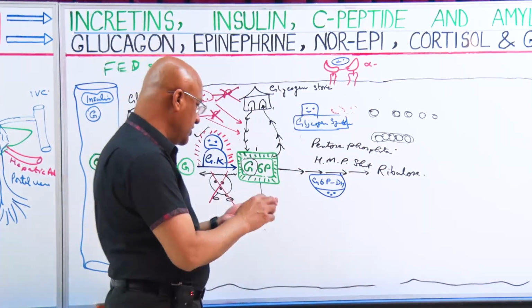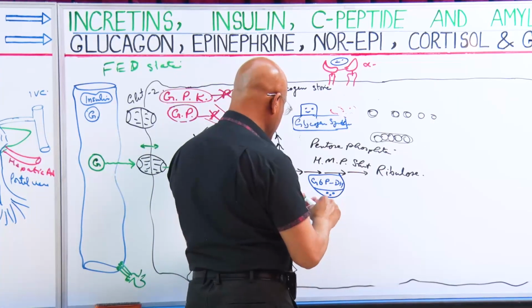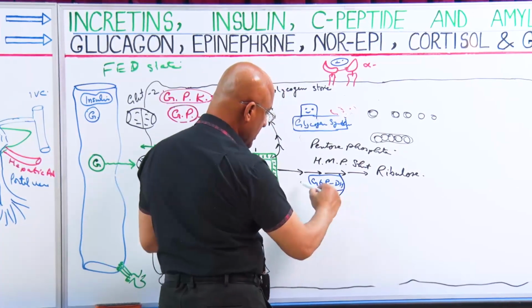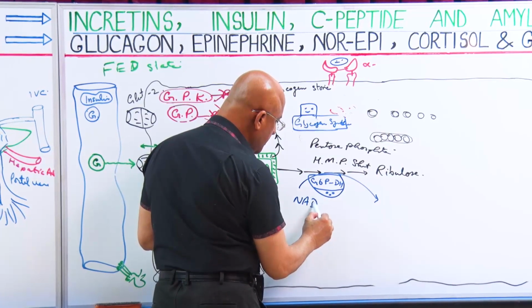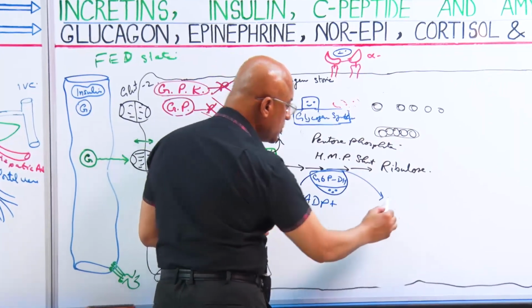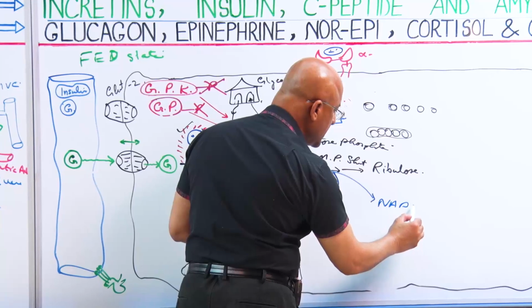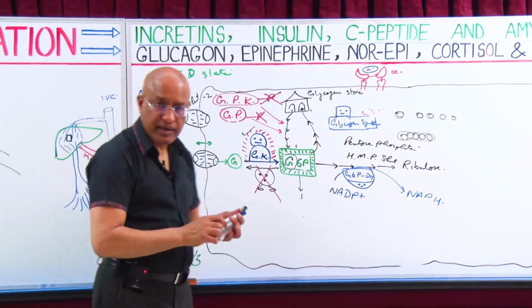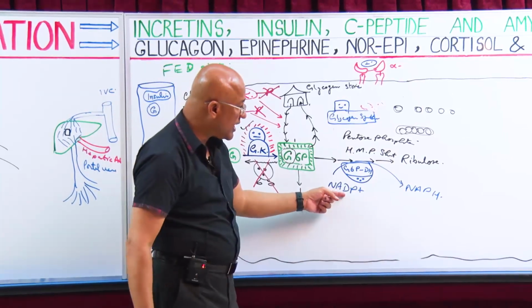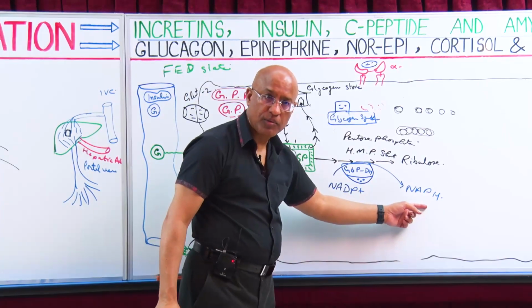What is the advantage of this pathway? This pathway converts NADP into NADPH. One is a low energy molecule, the other a high energy molecule.